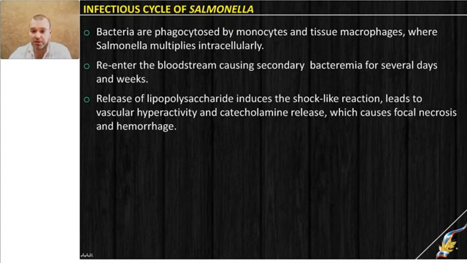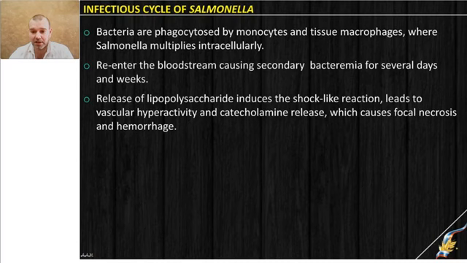But after multiplication in tissue macrophages, bacteria will again invade into the bloodstream, but now in a much higher amount, and it will lead to secondary bacteremia, which can last up to several weeks and will manifest with common symptoms of toxic shock, because bacteria in the bloodstream will be destroyed and lipopolysaccharide will be released into the systemic circulation directly, inducing severe symptoms, release of cytokines, and multiple damage of organs and tissues.